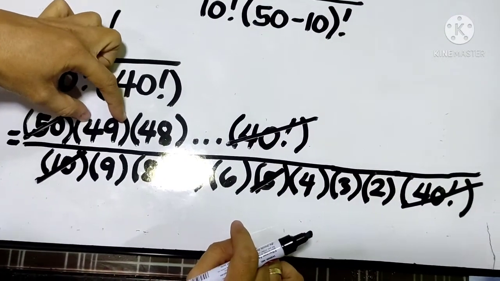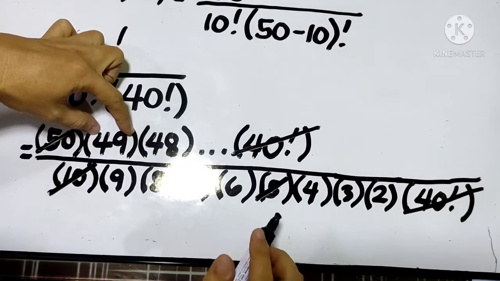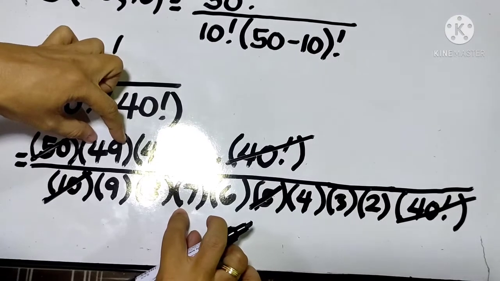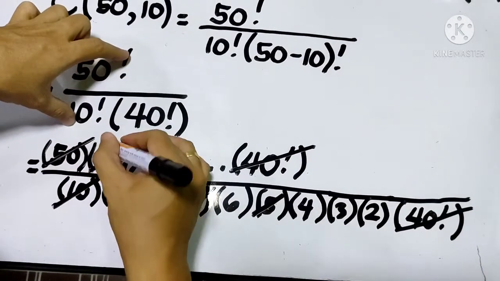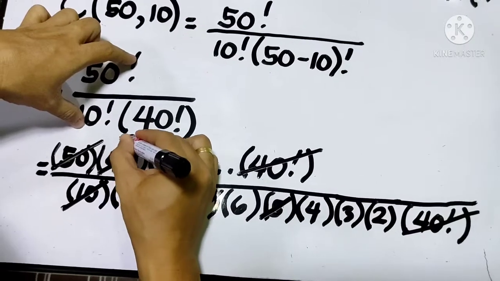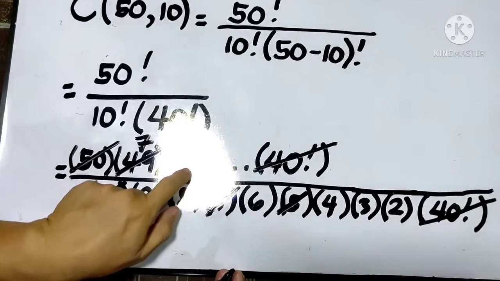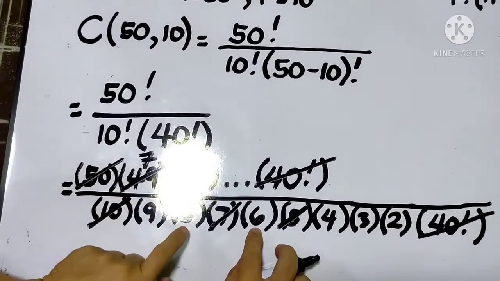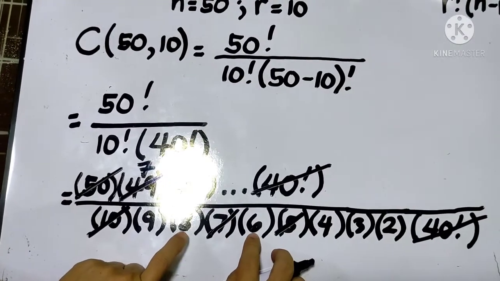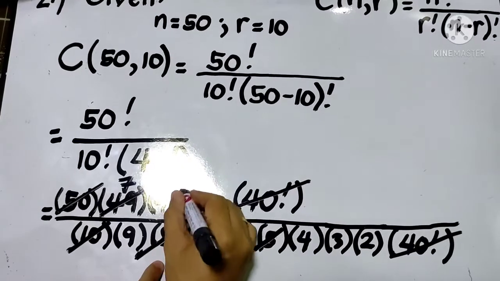Anong numero ang makakapag-divide sa 49? Di ba 7? So, 49 divided by 7 is 7. So, cancel ang 7. Mayroong matitira ditong 7. Then, we have 48. 48 at 6 times 8. Di ba? 6 times 8 is 48. So, cancel.